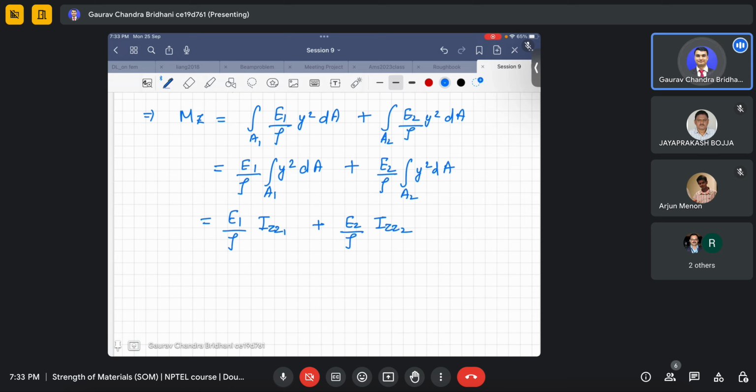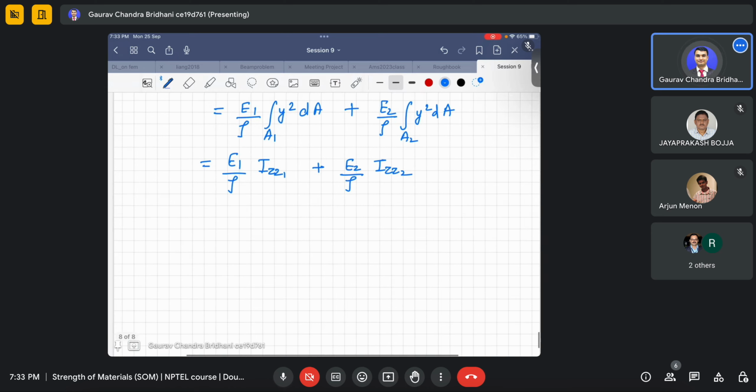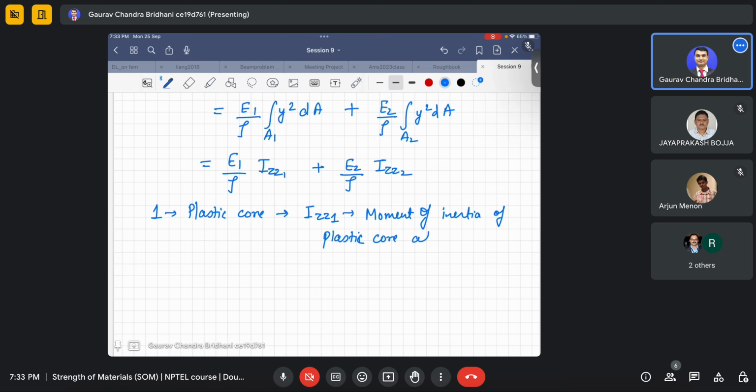Now what is 1? Let's say 1 is a plastic core. So what is IZZ1? IZZ1 is the moment of inertia of the plastic core about Z, which is the neutral axis.